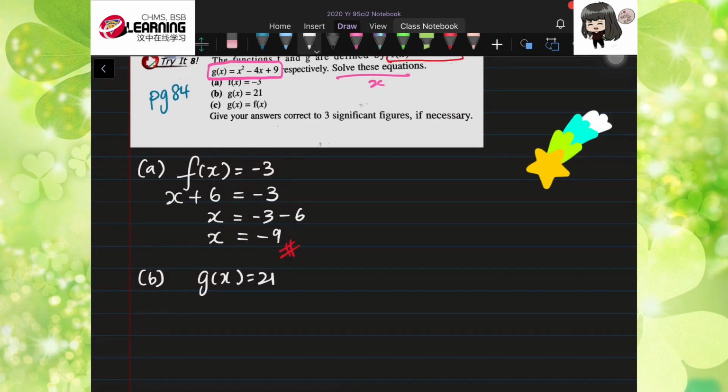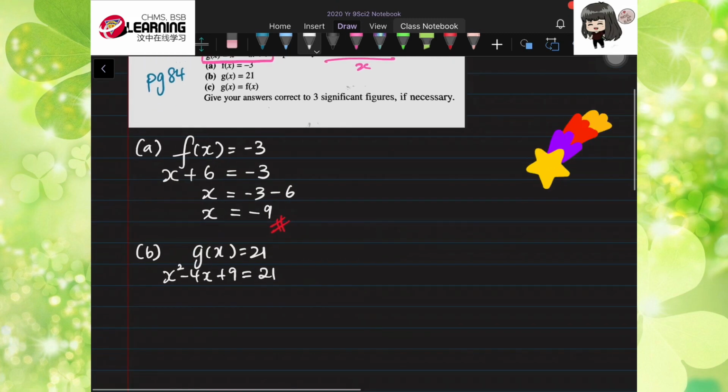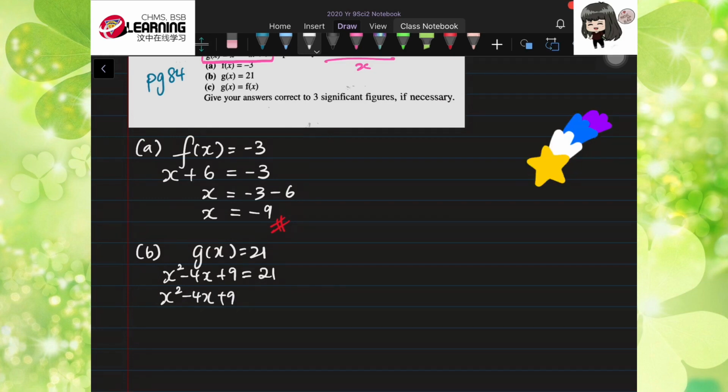So you replace the gx with x squared minus 4x plus 9, and it equals 21. So you solve by moving the 21 to the other side, becoming minus 21, and it equals 0. You can form a quadratic equation here.